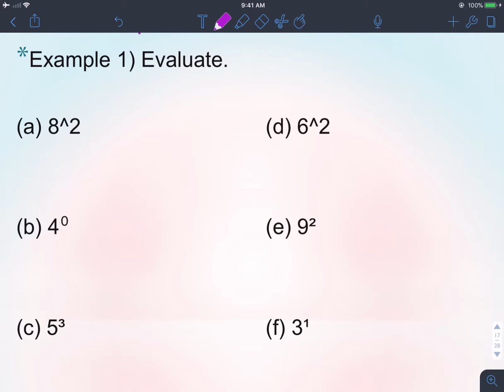I think that exponents, the key to getting used to them is to do a lot of practice. So there's just a lot of examples there.